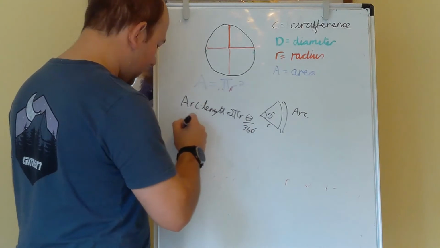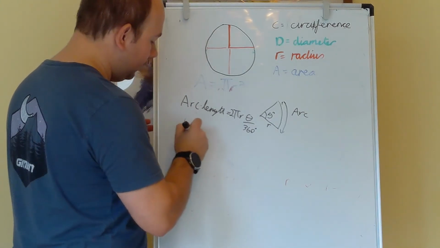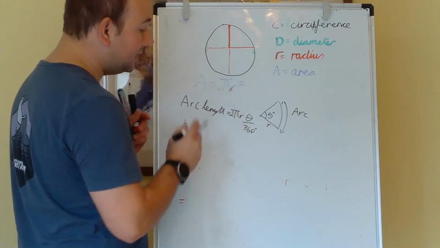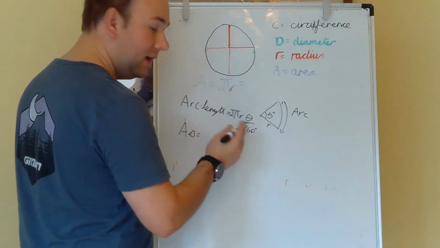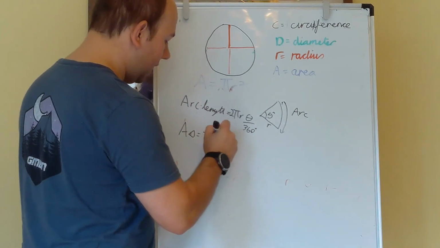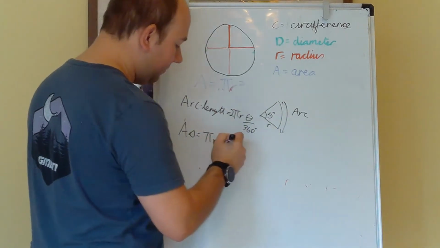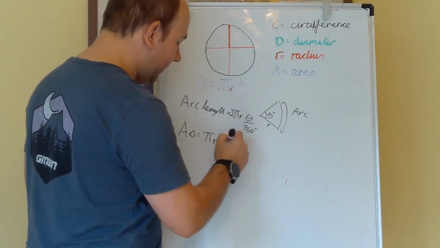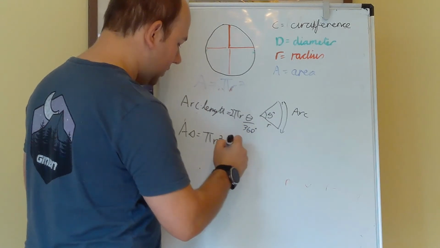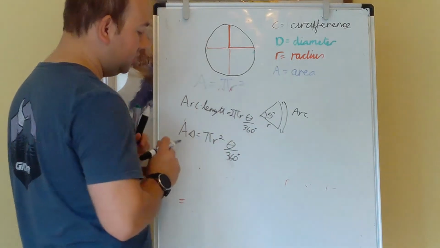Now let's say we want to work out the area of this section. Let's call this area, and let's define the section by drawing the shape in. We can do exactly the same trick. We use the formula for the area of the circle, which is pi r squared, and now we need that fraction of the circle that we have, which is theta over 360 degrees.